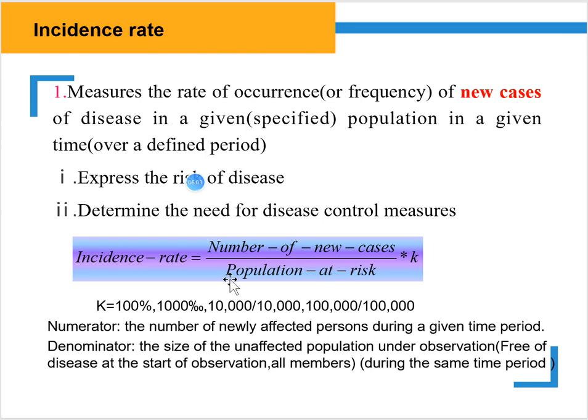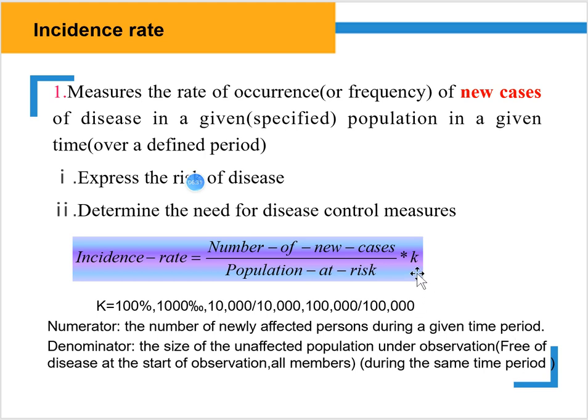The denominator is the number of population at risk, that is, the size of the unaffected population under observation, free of disease at the start of observation, all members, during the same time period as that of numerator.